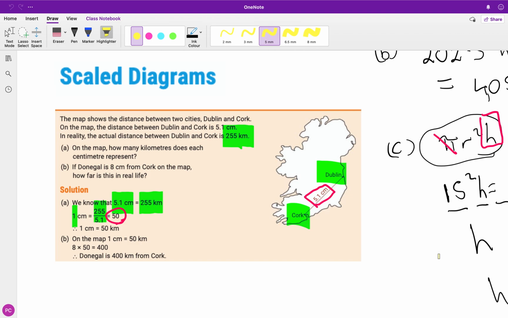So another one, if Donegal is 8 centimetres from Cork on the map, how far is this in real life? Well, we already know that 1 centimetre is 50 kilometres. So if we're dealing with 8 centimetres, multiply that by 50, it'll give us 400 kilometres when you work it out. So you can work out the distance if you know how much 1 centimetre is.